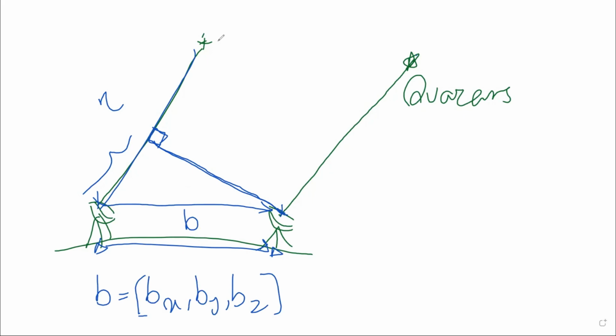So how can this be connected to the baseline? I have the coordinates of this point, and I want this vector. How can I get this vector? I have the time difference.